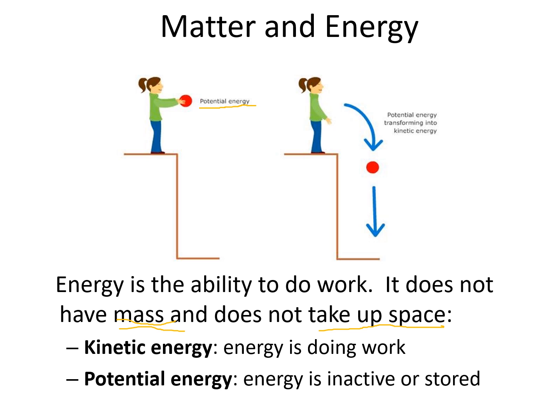That will be kinetic energy, which is when energy is actually doing work. In this case, the woman here is holding a ball, and when the ball is just being held, that's potential energy. But when she lets that ball go, that will be kinetic energy. So kinetic energy is when energy is actually doing work. With potential energy, the energy is there, but it's stored or inactive.